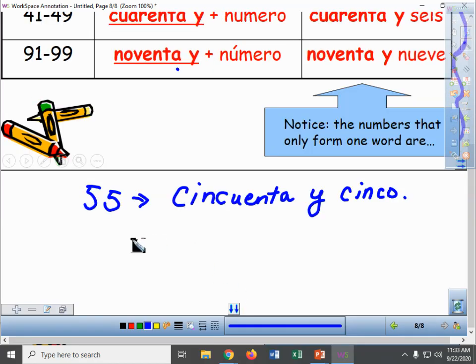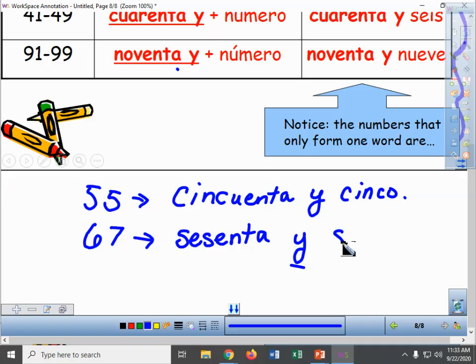So let's try 67. So 60 in Spanish is sesenta. And then remember your y. And 7 is siete. Now let's try with our 70s. So we're going to try 74. So 70 in Spanish is setenta.